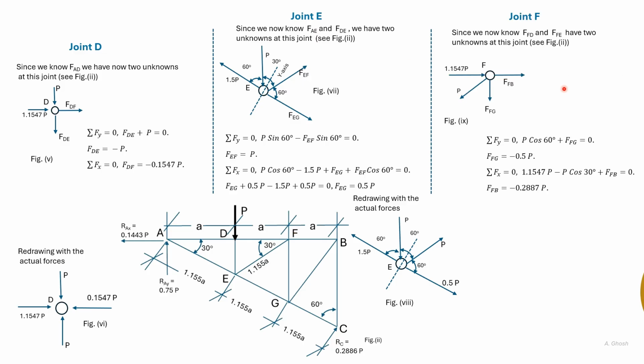So at F, there are two unknowns and we can solve the joint F. Using summation Fy is equal to 0, we get FFG plus P cos 60 is equal to 0, from which we get FFG. And using summation Fx is equal to 0, we get FFD. The free body diagram of joint F is given here with the actual forces.